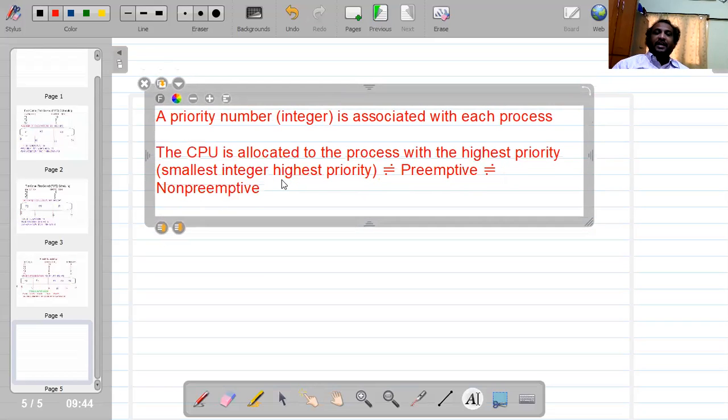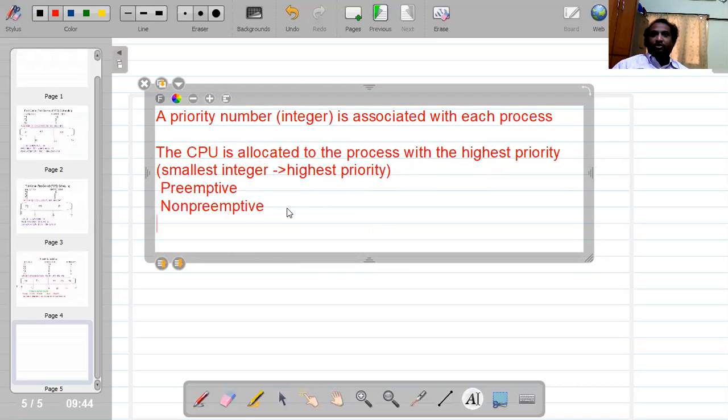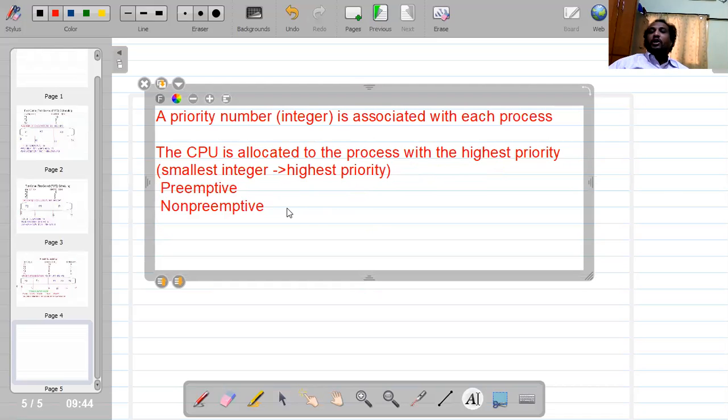Then next, it can work for both preemptive and non-preemptive processes. Both are going to be supported in priority scheduling algorithms. These are the advantages.